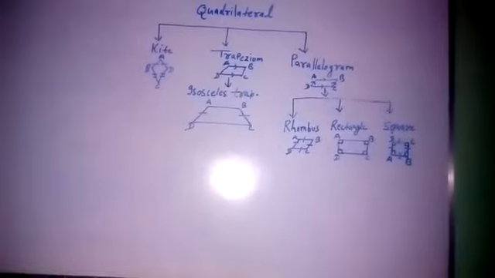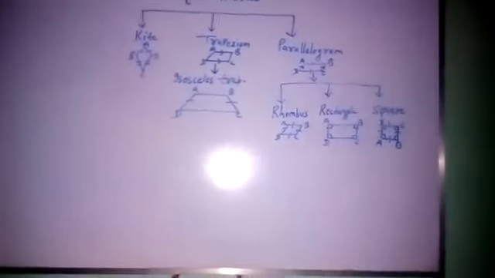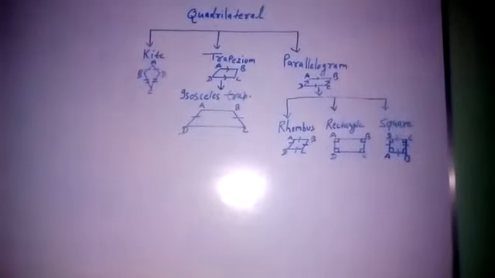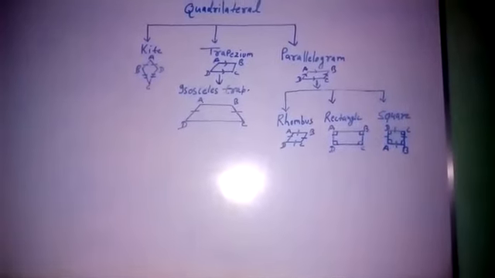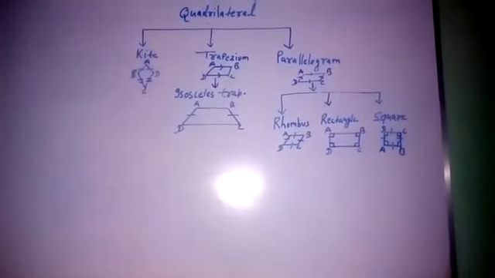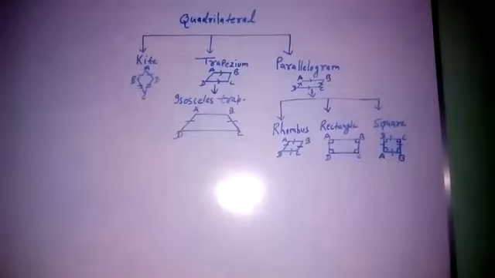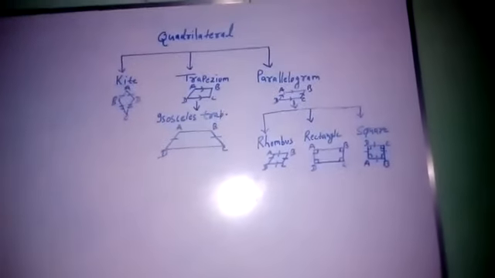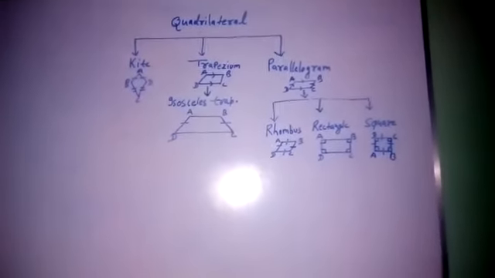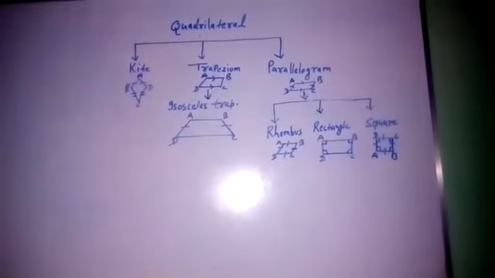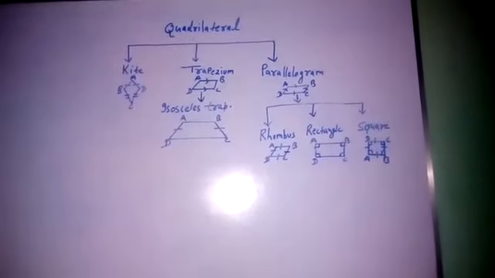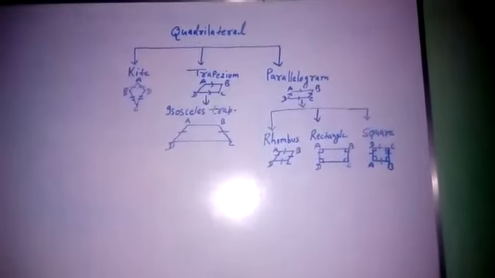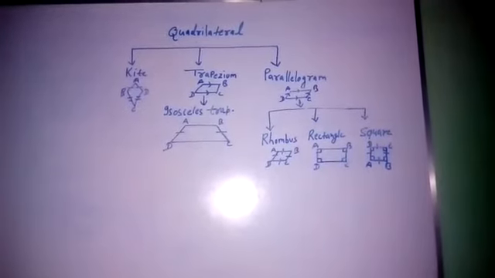Rectangle, a parallelogram in which all angles are 90 degrees, is called a rectangle. And a square, a parallelogram in which all angles and all sides are equal. So it is a square.